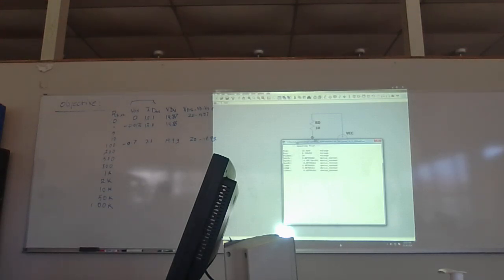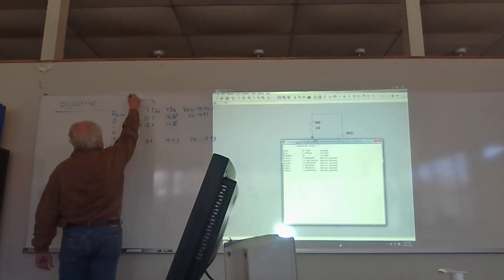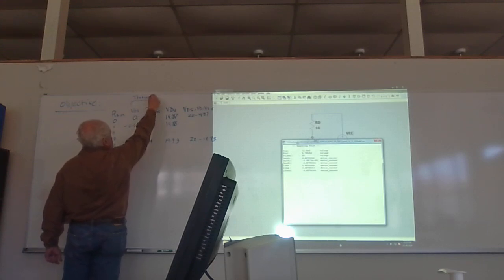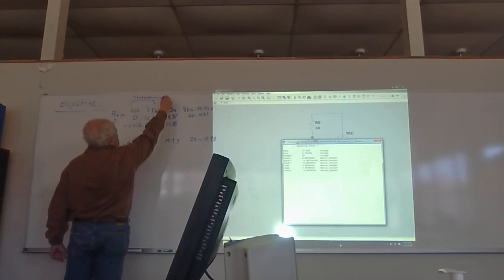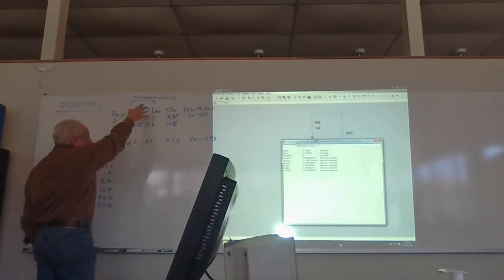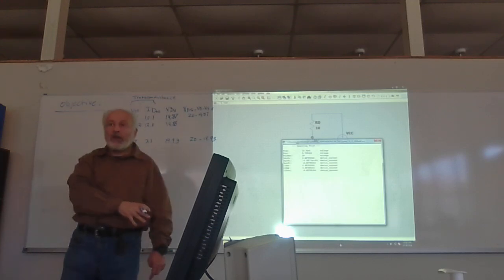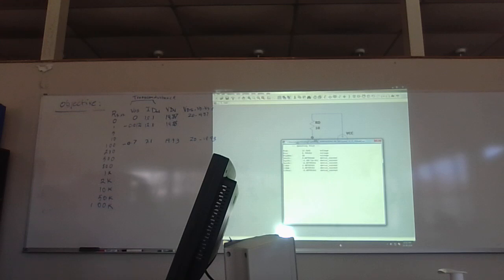Notice the bracket I have here. I'm interested in the transconductance. So yes, I'm collecting data for everything, but these two are going to be more significant to me as to what my objectives for the lab are. So using the transconductance, I can draw the transconductance and see what it will do.